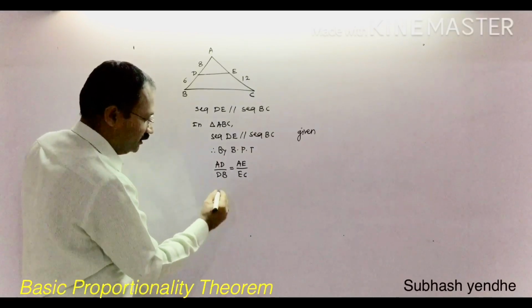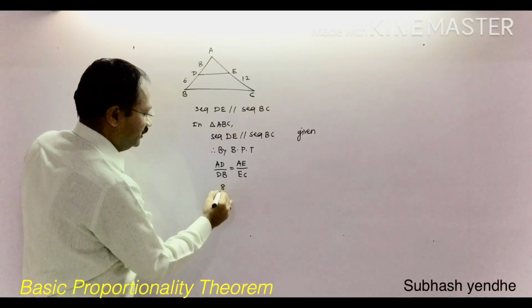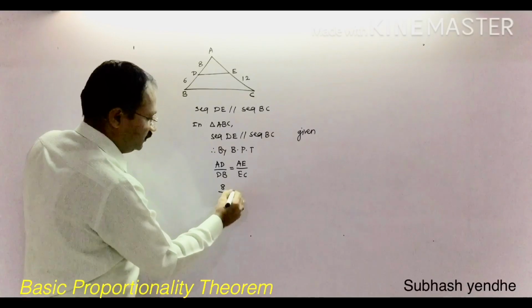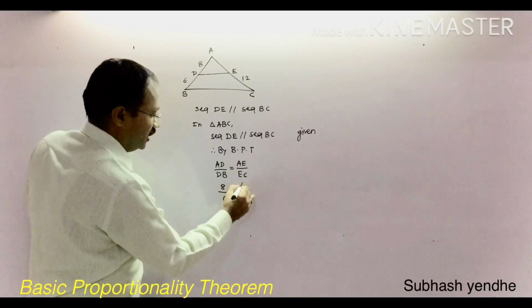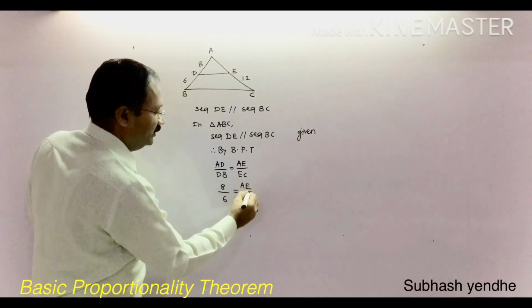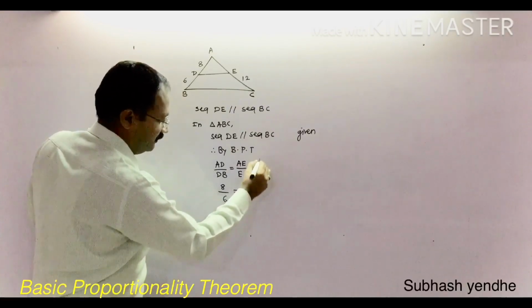Now substitute the values. AD is 8, BD is 6, AE you have to find, and EC is 12.